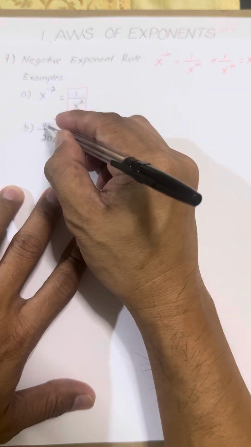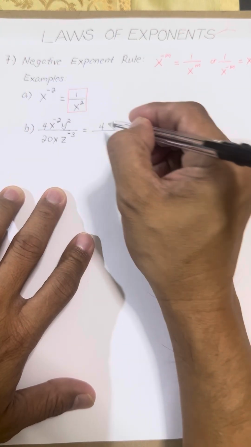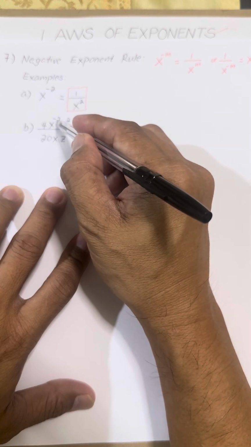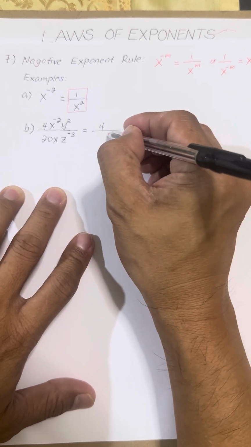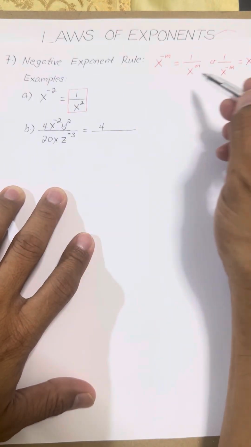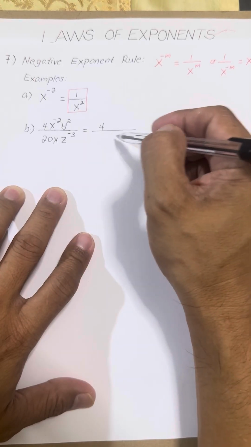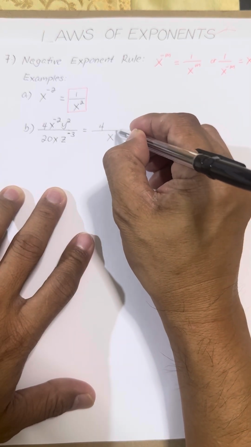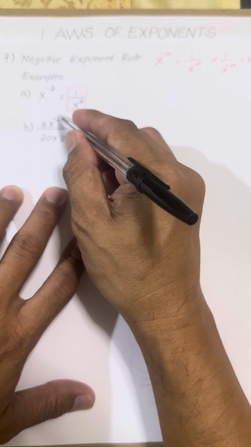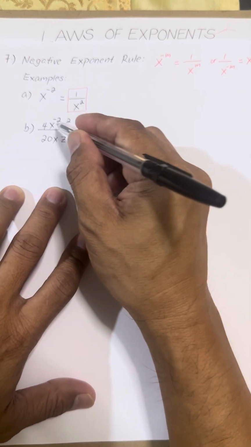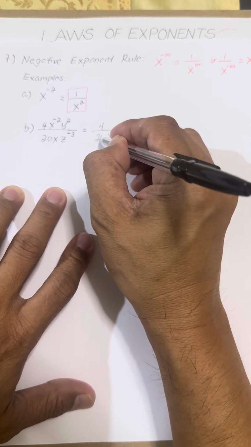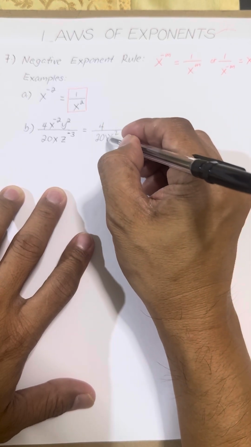Okay? So we can write this as: we have the coefficient, which is 4, so just copy. And then you bring this negative 2 down. Because this is positive 2 and this is negative 2, when you bring this down, it becomes positive. Put this in the numerator, put this in the denominator. Then we have 20, and then we have x.